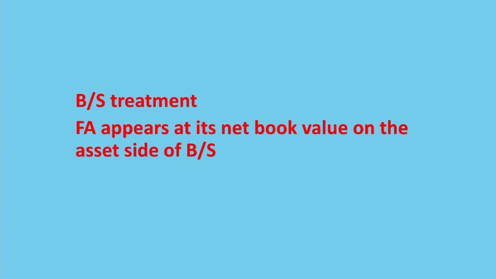Net book value means original cost minus depreciation till date. At that value, we have to show the fixed assets on the asset side of the balance sheet. Then, in this method, fixed asset appears at its net book value on the asset side of the balance sheet. Okay.